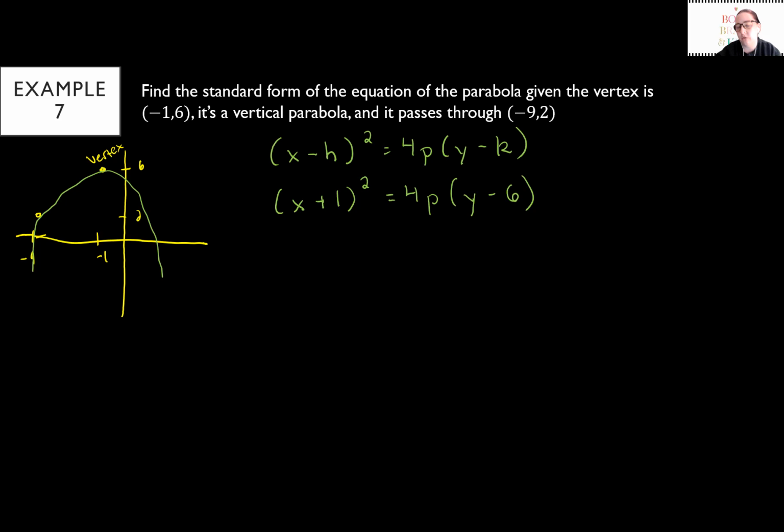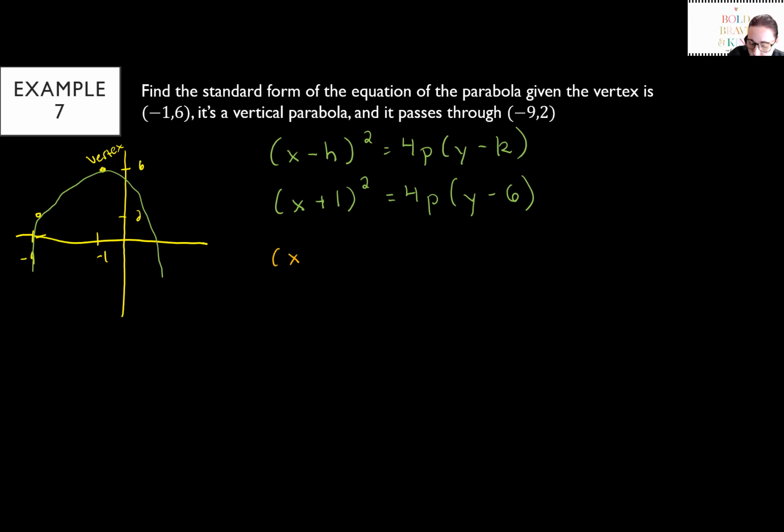You can't use that method if you're given a focus, because the focus is not on that equation. If you tried to use that method, your equation would be incorrect, because it only works for points that are on this actual equation. Since it's going through (-9, 2), we know it's going to be on this equation, so we can find p this way.